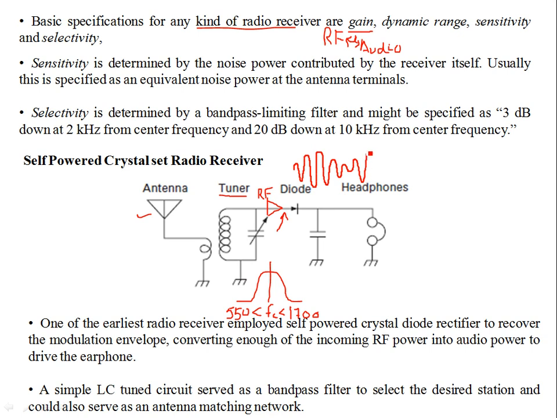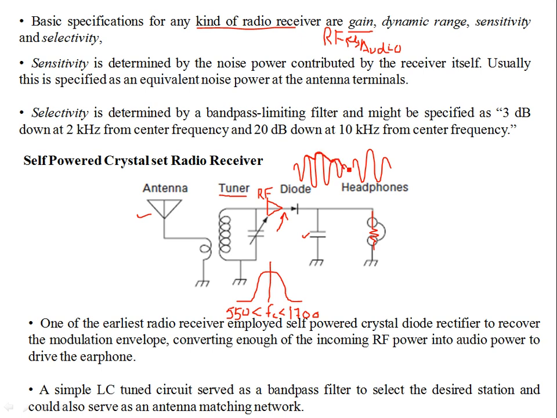So you employ a diode detector. For example, this is the envelope. In the negative cycle, when the diode is off, this capacitor is going to discharge over a certain load, in this case a headphone or a speaker, with a time constant RC, and then it charges up again when the diode is conducting.